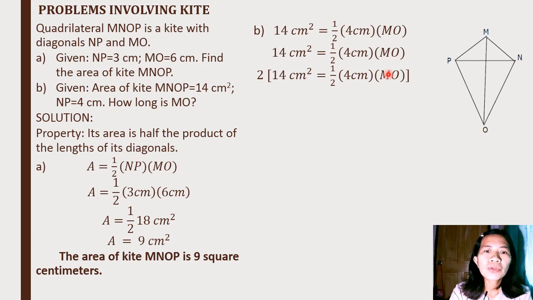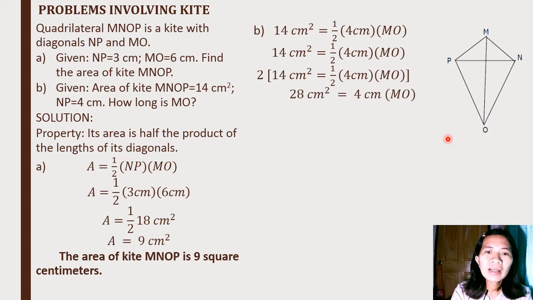Now again, we will simplify by multiplying both sides of the equation by 2. So 2 times 14 is 28, and then 2 times 1/2 is 1.